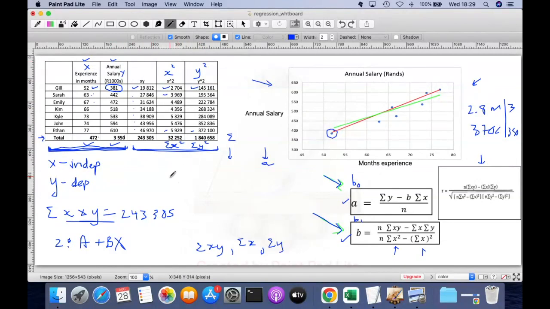You're going to capture these X values in the X column: 52, 63, etc. And then capture the Y values, which are 381, 442, all the way to 610. If you can do that for me, give me a heads up in the chat once you finish capturing them. You should have 7 data points for X and 7 for Y. Give that a go.